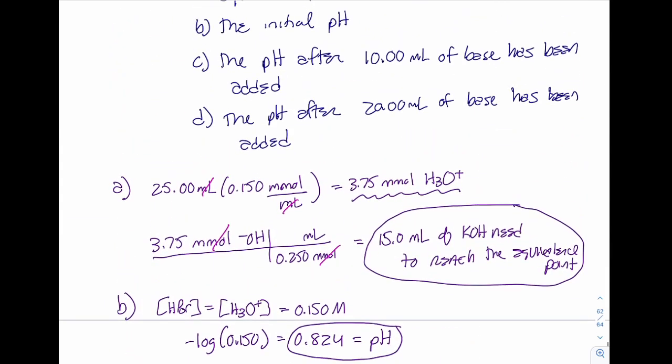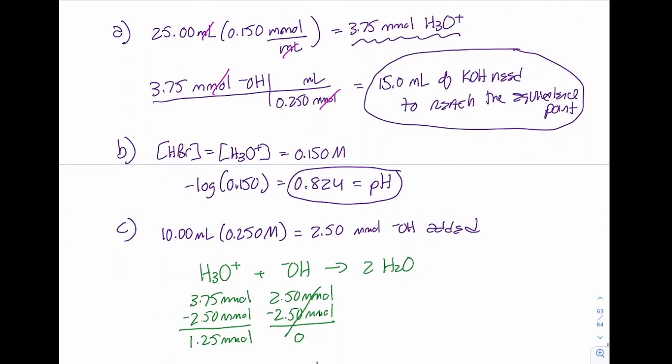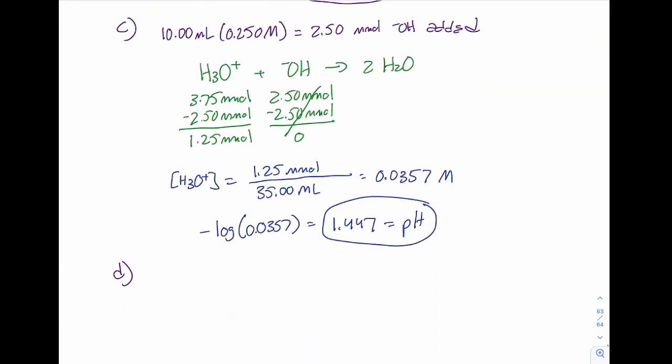Going back up to part D, 20 milliliters of my base. So same process. I'm going to figure out the number of millimoles of base that we've added. I'm going to write my neutralization equation and set up my change table.